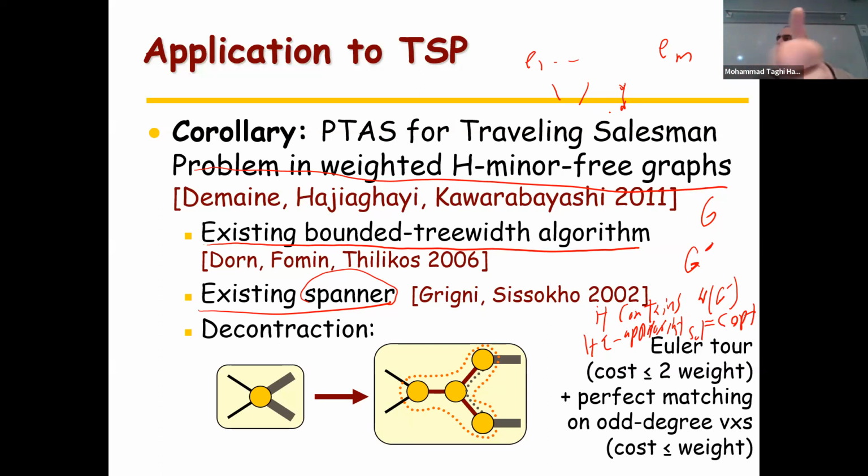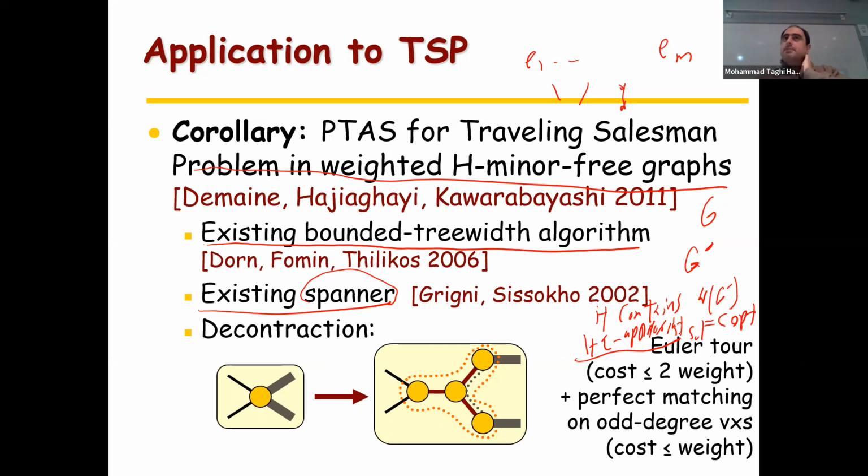By construction, it has a 1 plus epsilon approximate solution for TSP, because all the distances will be kept within a factor of 1 plus epsilon. And you can show that the total weight of these edges would be at most C times the cost of a minimum spanning tree. The minimum spanning tree is a lower bound for TSP, so it has the bound that we want. So this is the spanner.